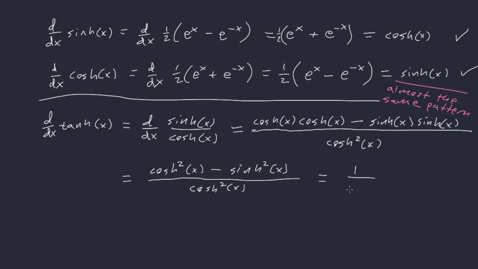So we get 1 over cosh squared, which is sech squared, right? Sech squared. So hyperbolic secant squared. All right, so that also matches. All right, let's do cotangent.